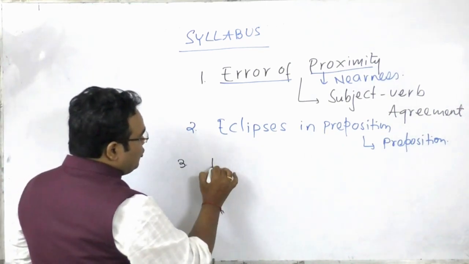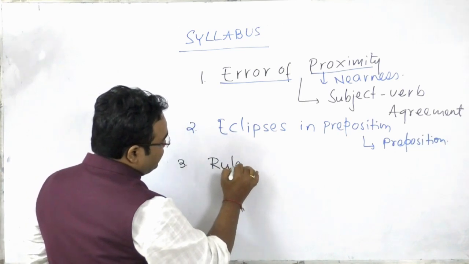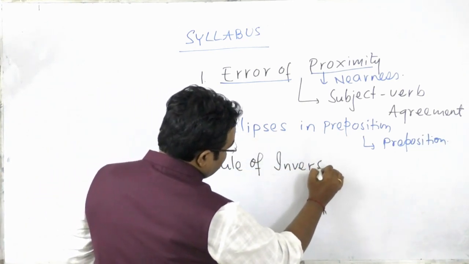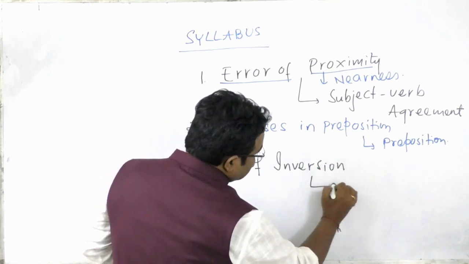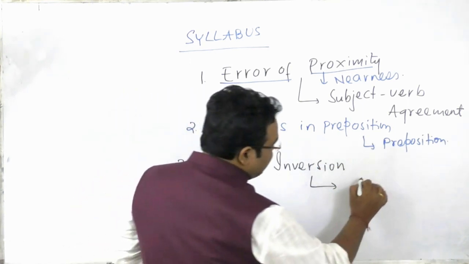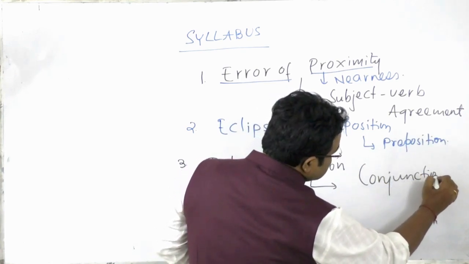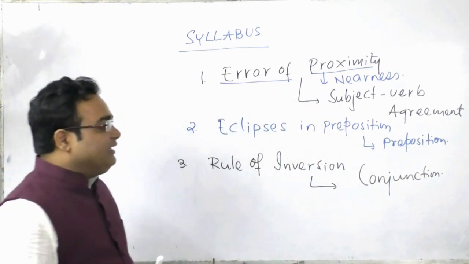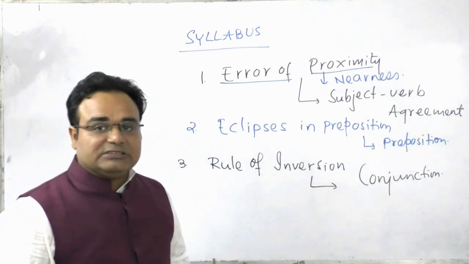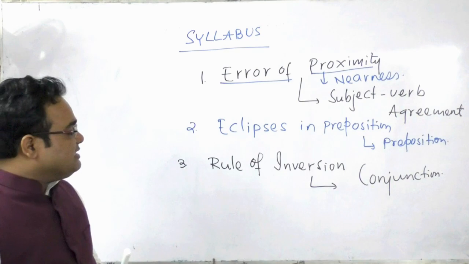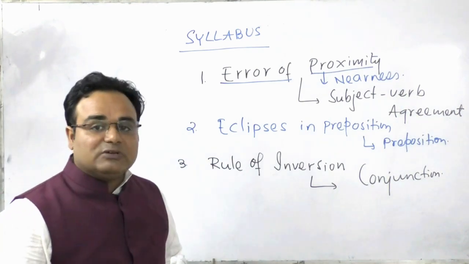Alright, coming to the third topic. This is called rule of inversion, which will be covered under the chapter called conjunction. You must have a very good idea about the concept of conjunction, no doubt about it, but you must also pay attention to the rule of inversion.